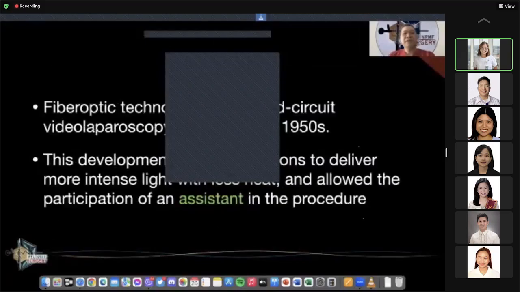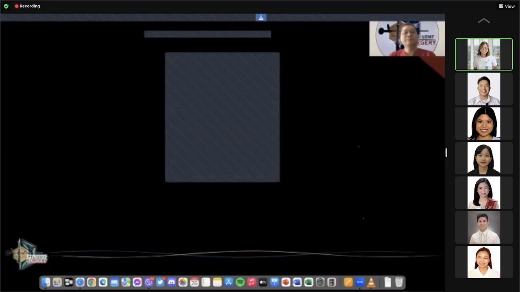Fiber optic technology was introduced in the 1950s, along with the participation of another surgeon as surgical assistant. So multi-puncture surgery was born, along with the development of a better video camera system.